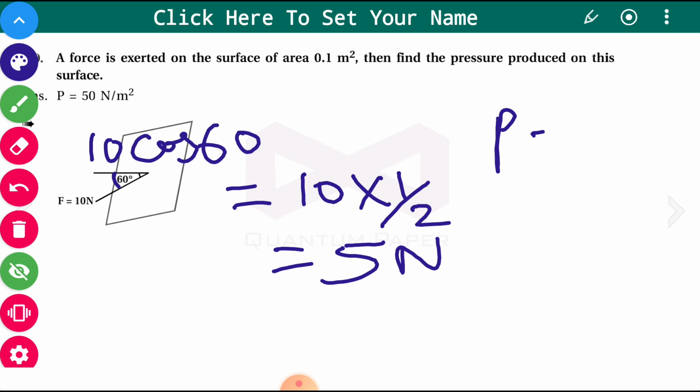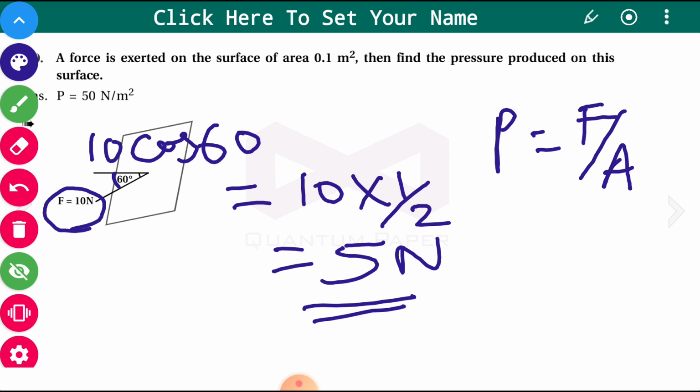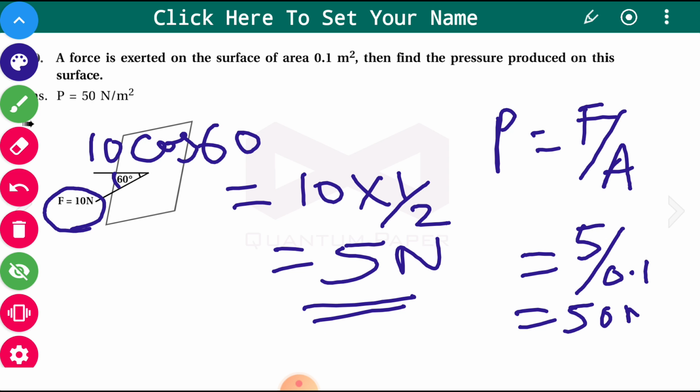Now pressure is force upon area. You don't just take the 10 Newton force, you have to take the component perpendicular to the surface. So it is 5 divided by 0.1, which is 50 Newton per meter square.